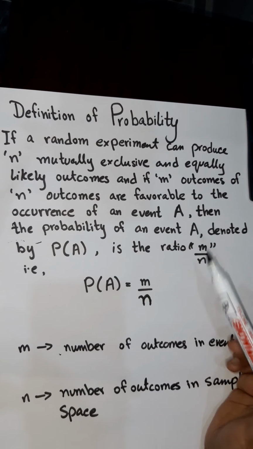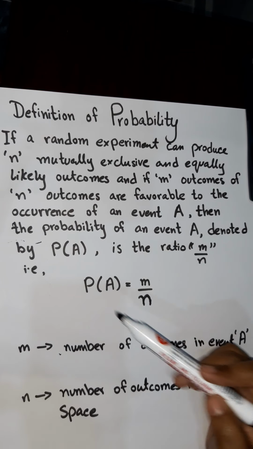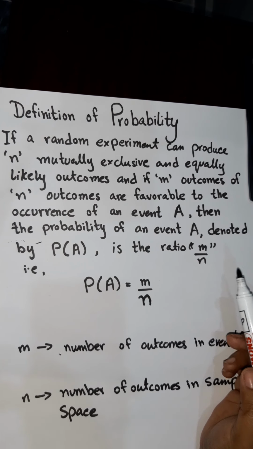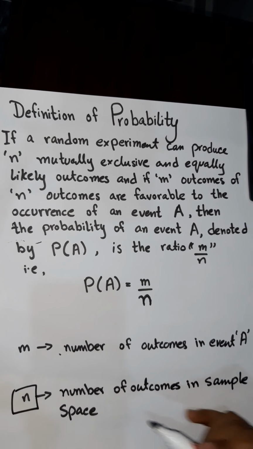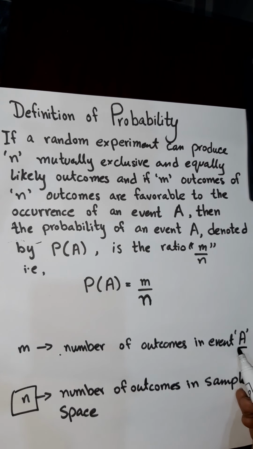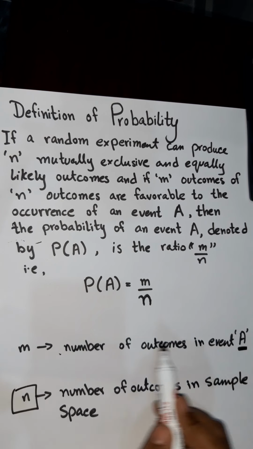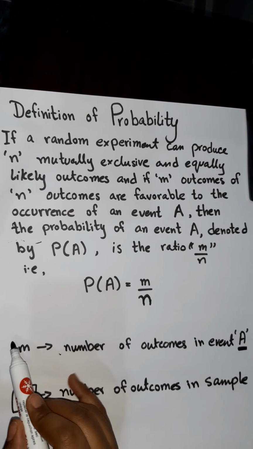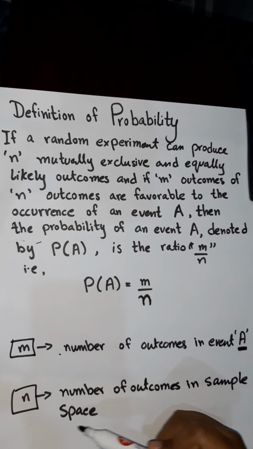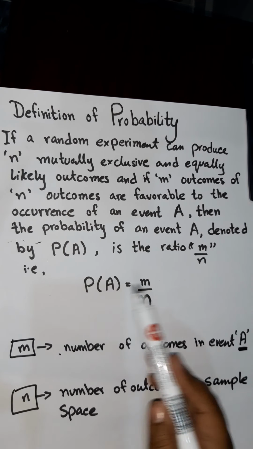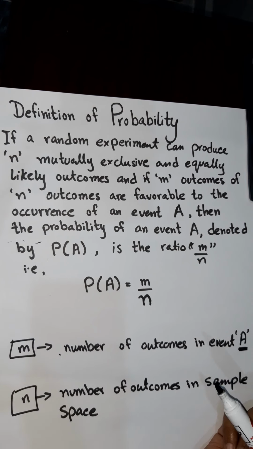Now what this definition is telling us is that if we have n outcomes which are the outcomes of the sample space, and we are interested in the occurrence of event A, then the number of outcomes in event A, that is m, divided by n, the number of outcomes in the sample space, is simply the probability.